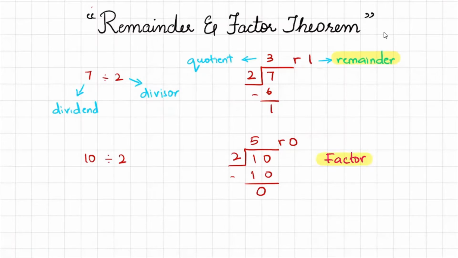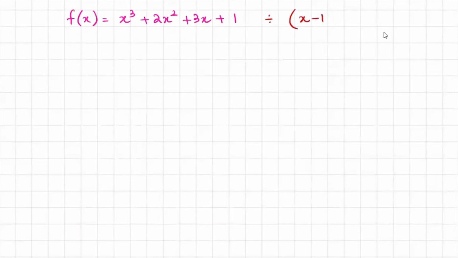Now let's move on to the questions. I'm giving you an equation, f(x) equals, this is a cubic polynomial, x cubed plus 2x squared plus 3x plus 1. It is being divided by x minus 1, and I am asking you to find the remainder when these two are divided.